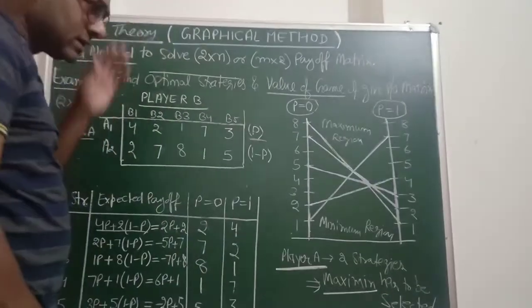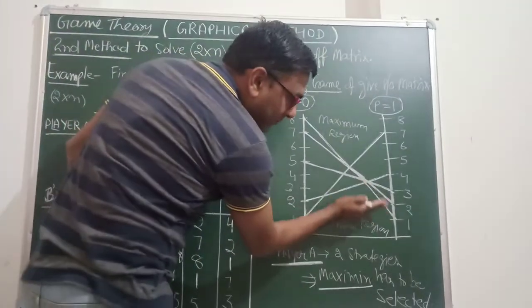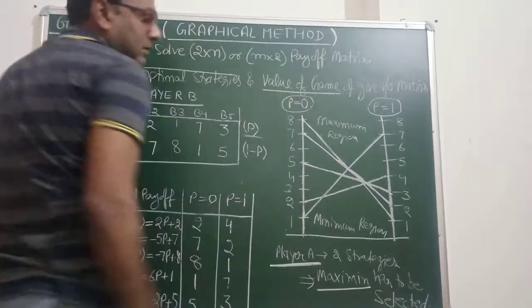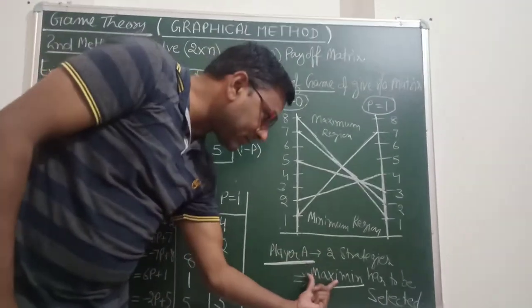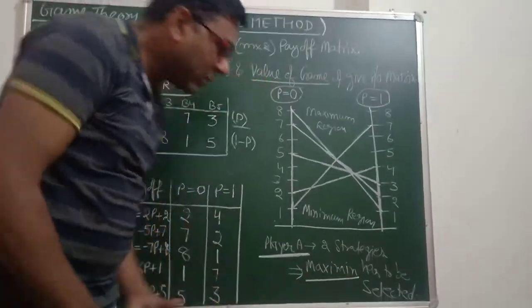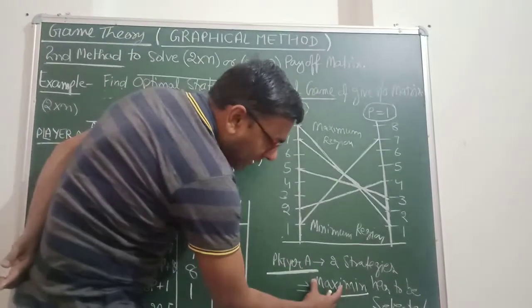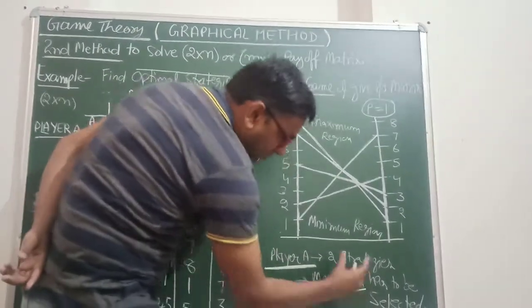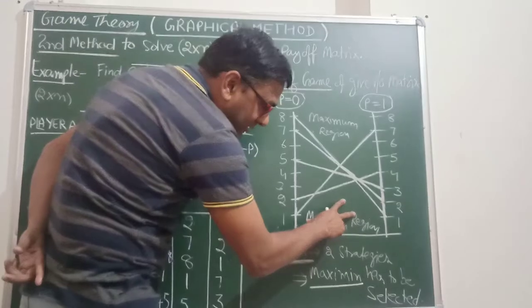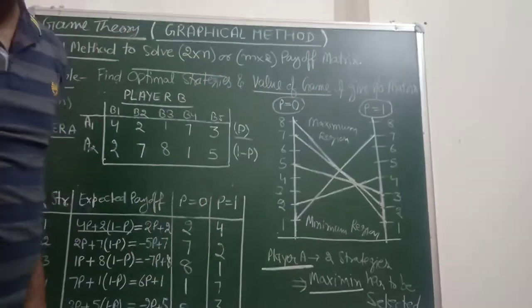Now you will see that this is the minimum value region and this is the maximum value region. In the maximin principle you have to select the maximum value in the minimum value region.